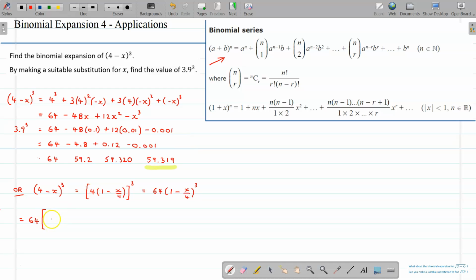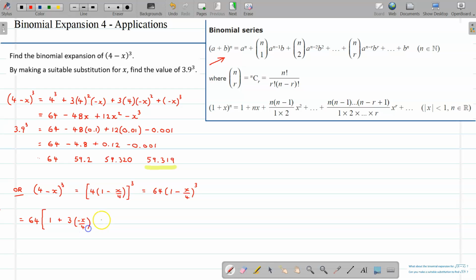So it's 1 plus nx, which is 3 lots of minus x over 4.